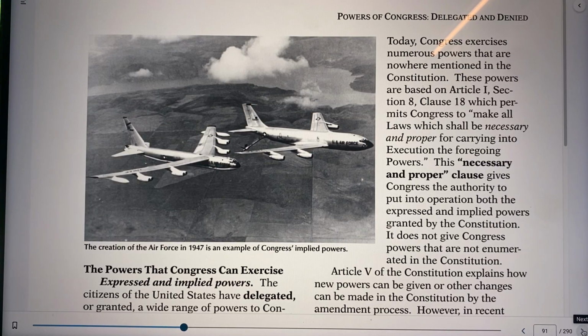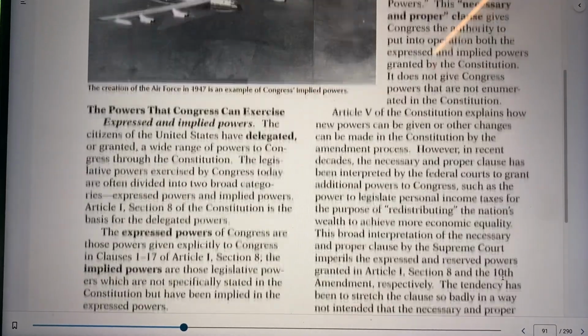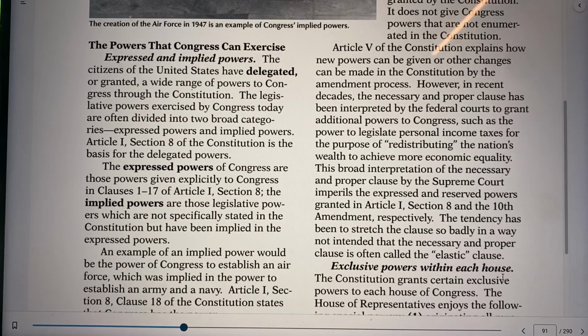So we're going to talk about the implied powers in this section. It says the creation of the Air Force in 1947 is an example of Congress's implied powers. So we'll see what's the difference between expressed powers and implied powers. Expressed powers are given explicitly from the article.